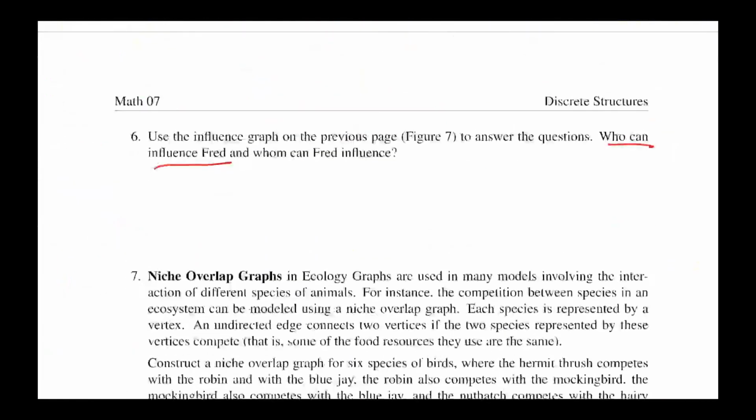All right, so we can come down here. Who can influence Fred? Deborah and Yvonne can influence Fred. The next question is, who can Fred influence?